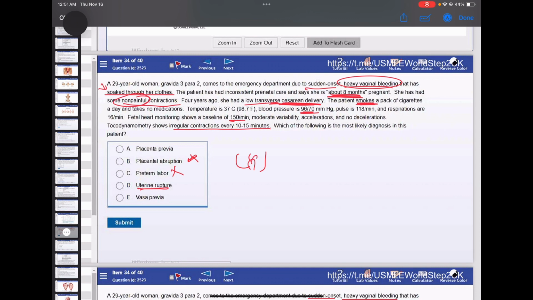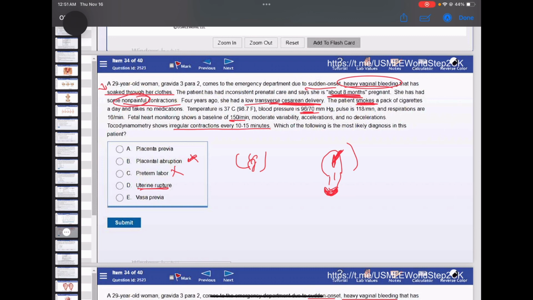And with the bleeding inside, the fetus also moves towards. So if this is the uterus, and over here we had a uterine rupture, so the fetus tends to get into the abdominal cavity, and we can palpate fetal parts on the abdomen. And then there's a bulging sac in the cervix, which does not have any of the fetal parts. Fetus does not present down there. There's a bulging out there in the uterine rupture.